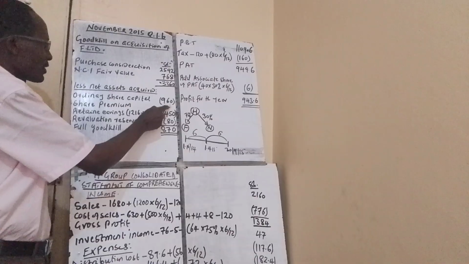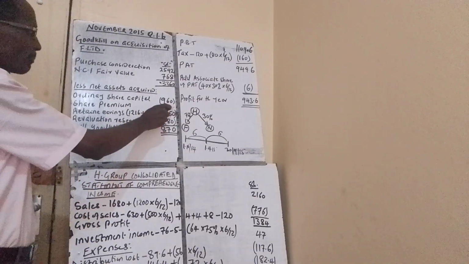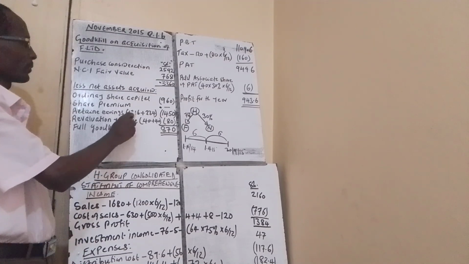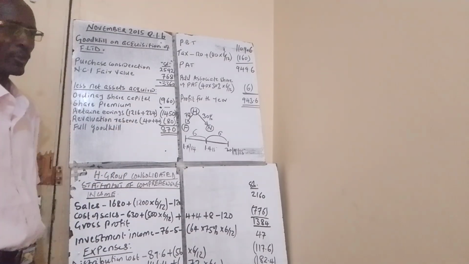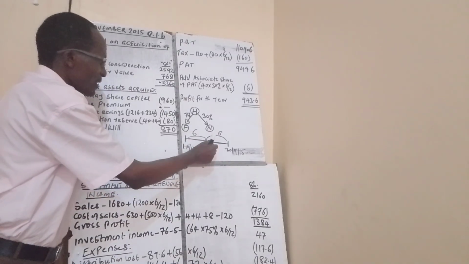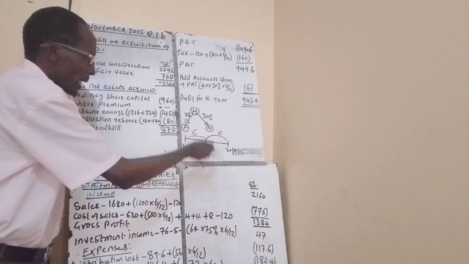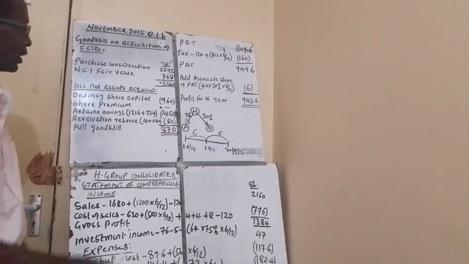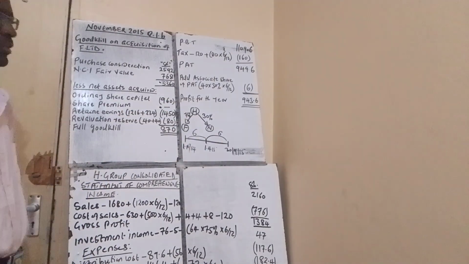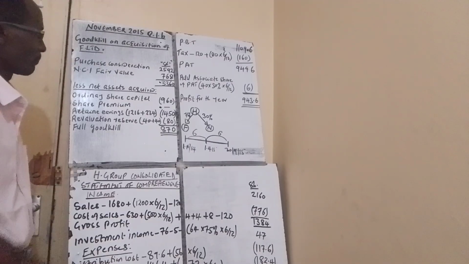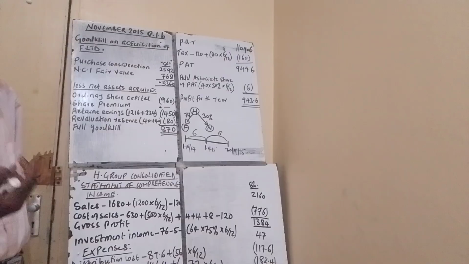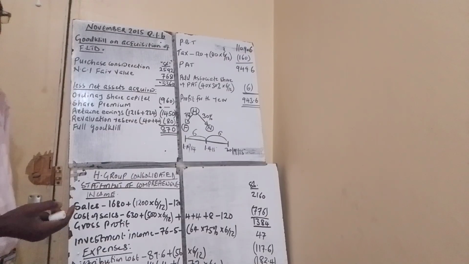Ordinary share capital is 960. There is no share premium. Then retained earnings 1216. 1216 was the opening balance for the profit. But from 1st October 2014 up to 1st April 2015, when we acquired the subsidiary, we made a profit of 234, because we have been given the total profit for the year, which was 468, and we are told these incomes and expenses are accrued evenly.